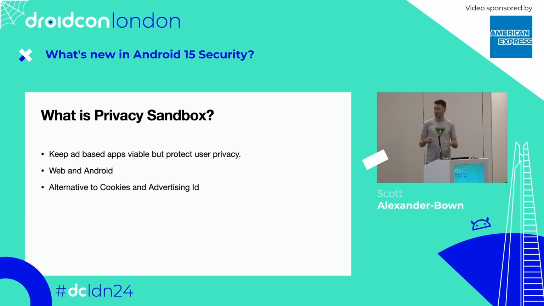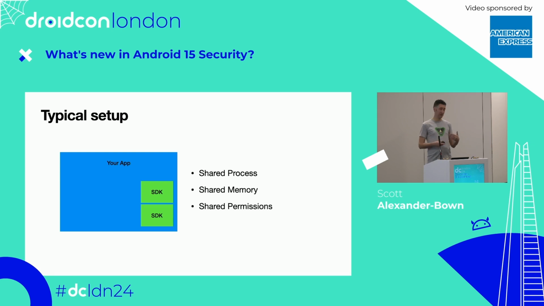Taking a step back, when we normally put an SDK, any SDK, open source or commercial, into our app via a Gradle dependency, the SDK is part of our code. It's separate because it's a separate dependency, and we didn't write it, but it has access to our process, our memory, and crucially our permissions.